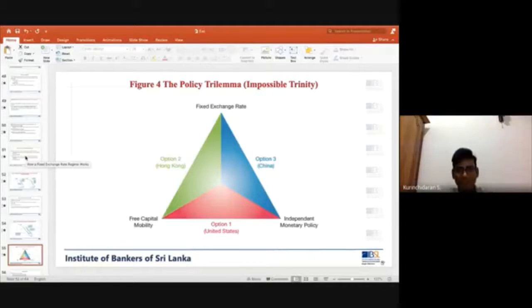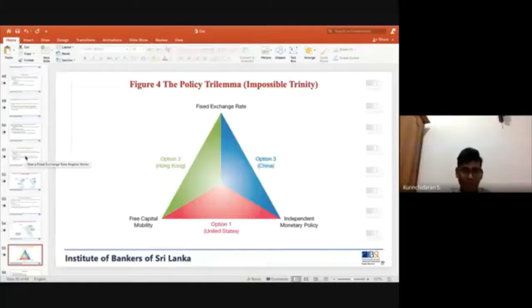Now let's assume a country is facing a recession or downturn, and you want to stimulate the country. So how do you do it? You reduce the interest rate.